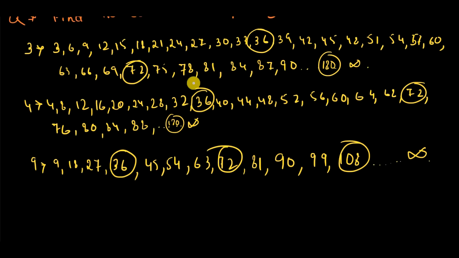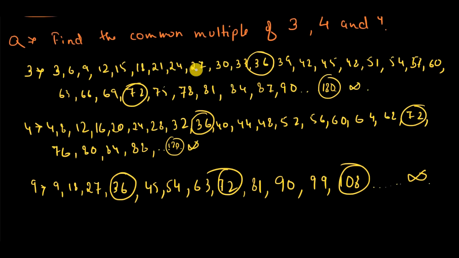So we wrote down the multiples, and we needed to find the common multiples among these three numbers. The multiples of each number we wrote down, and we just search for the common ones among them.